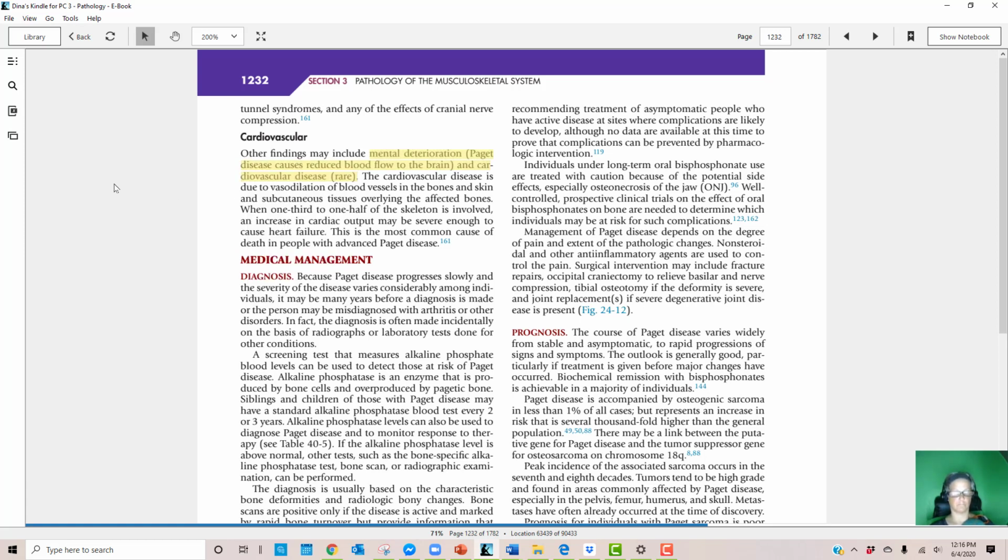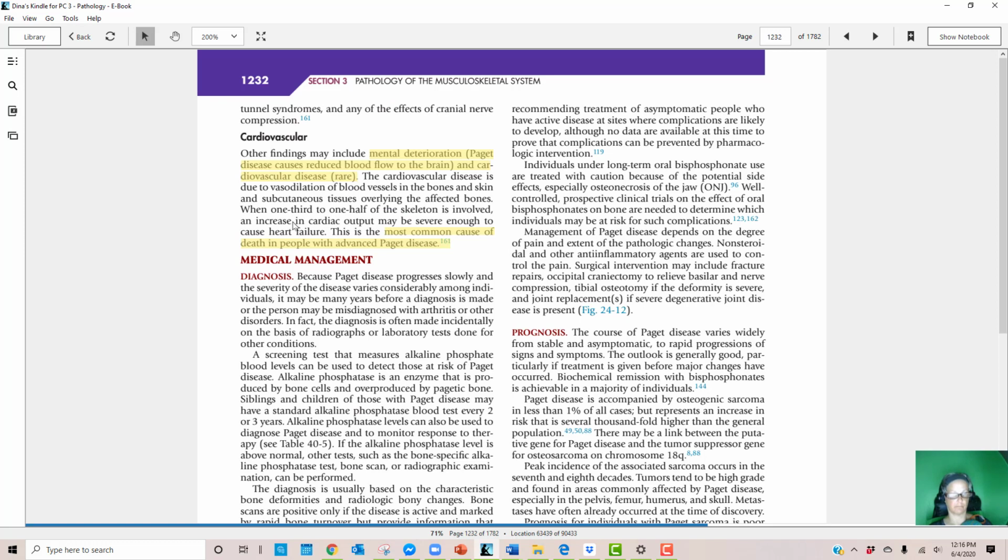The cardiovascular disease is due to vasodilation of blood vessels in the bones and skin and subcutaneous tissues overlying the affected bones. When one-third to one-half of the skeleton is involved, an increase in cardiac output may be severe enough to cause heart failure. This is the most common cause of death in people with advanced Paget's disease.